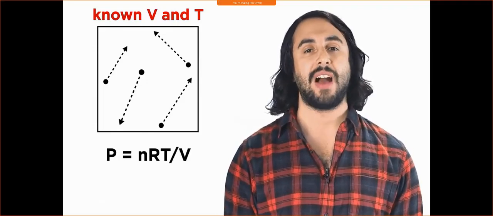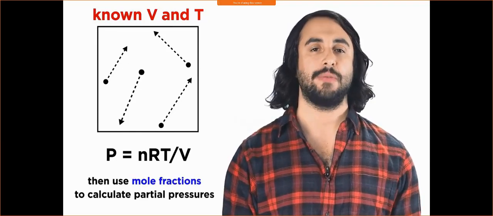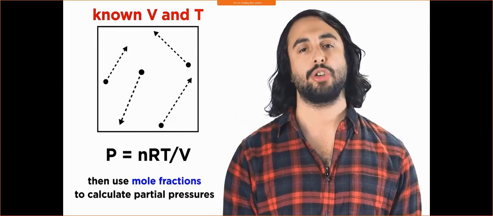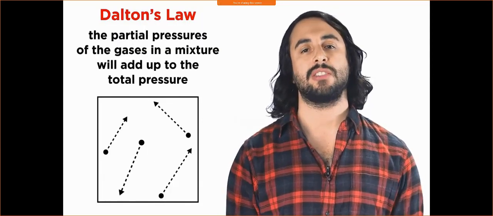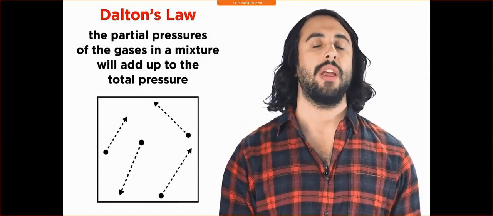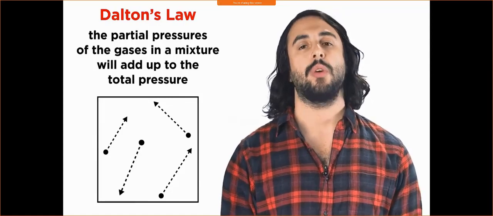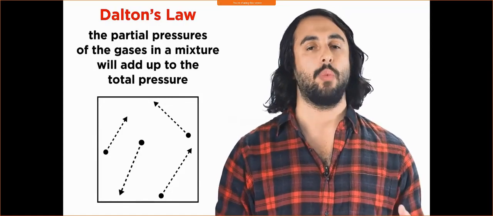And then, if we calculate the mole fraction of each gas, we could combine this information to find the partial pressure of each gas. So Dalton's law is quite intuitive when you think about it, but it allows us to do important calculations regarding the partial pressures of individual gases within a mixture.